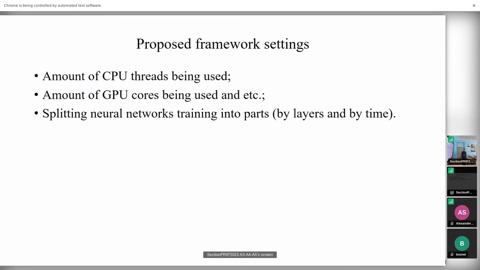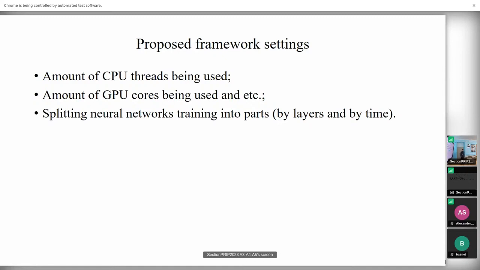Next slide, please. This is the most interesting part. The amount of CPU threads being used can be tuned, which is not a surprise. The second is much more interesting. The amount of GPU cores being used also can be tuned. We can also tune a lot of settings of the GPU inside the framework.